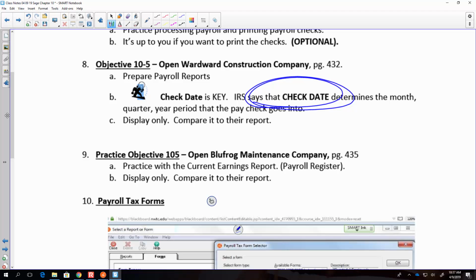So the IRS, if I write out a check on December 31st, 2019, that's the period it goes in, right? Based on the check date. So that is a test question, please know that. It doesn't matter what the pay ending date is, it's all based on the check date. That's the posting date.